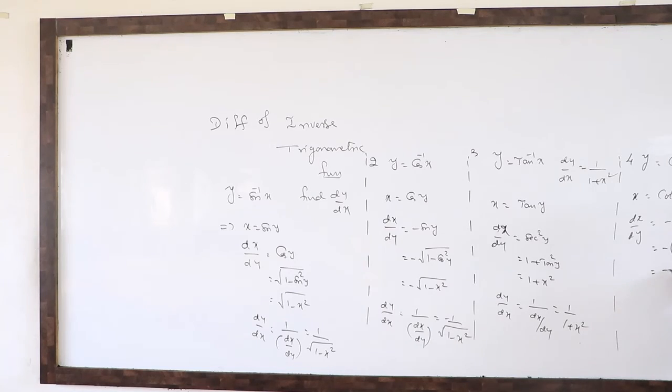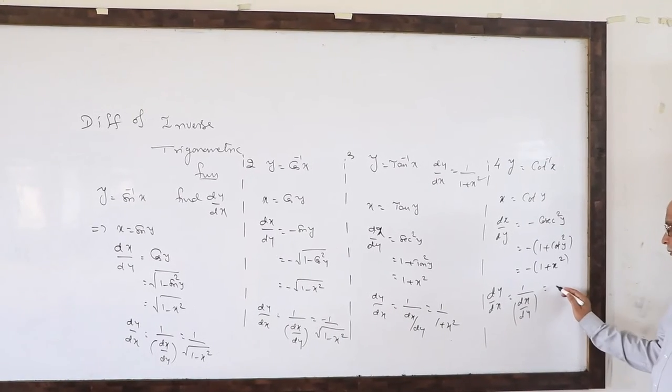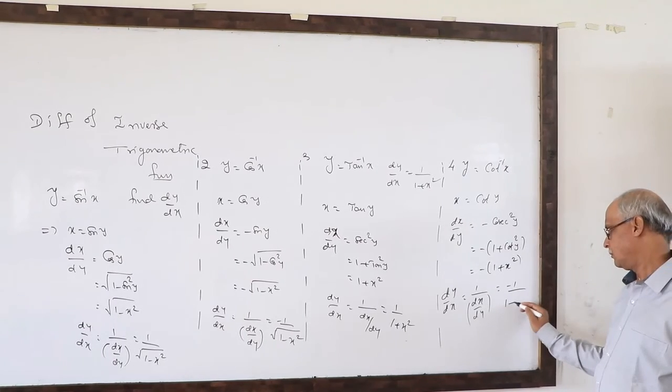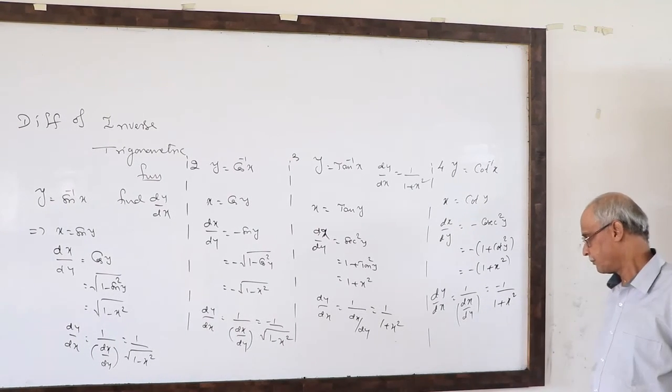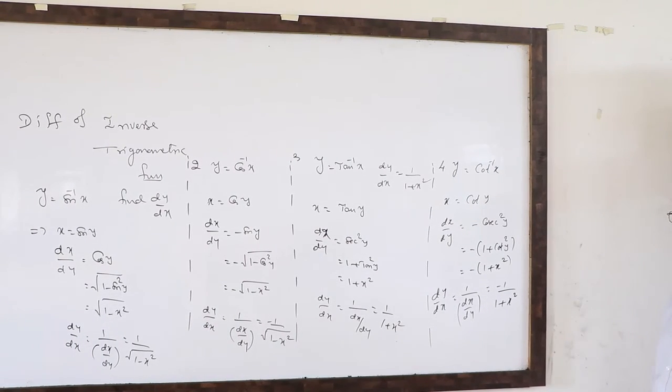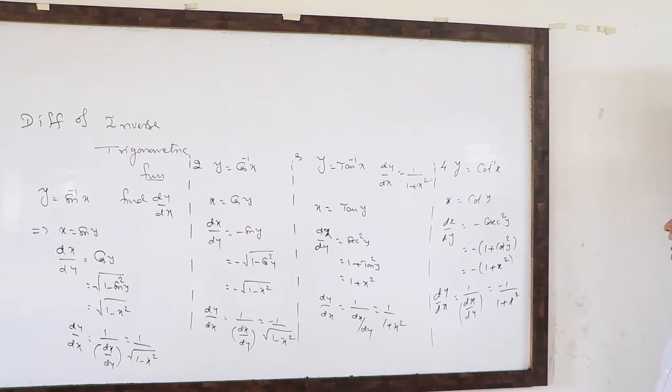That means minus of 1 plus x square. Therefore, we want dy by dx, but we got dx by dy, and then we can express it like this, and hence it is equal to minus 1 by 1 plus x square. This is called the derivative of cot inverse x.